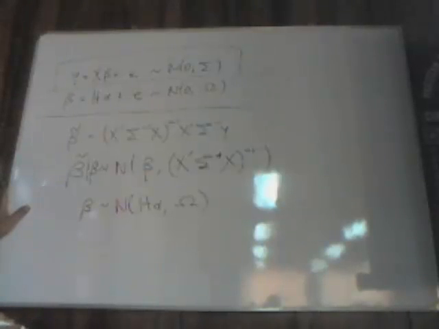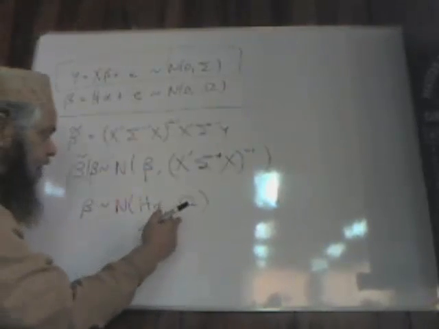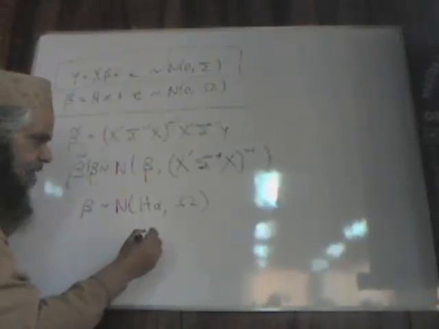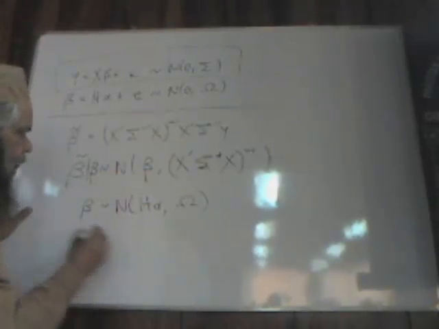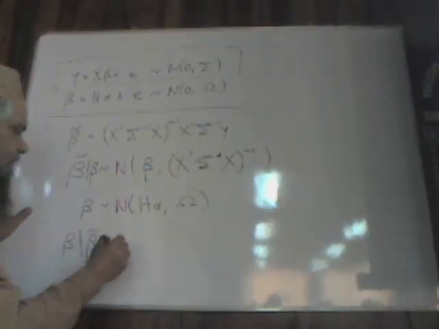So now we apply exactly the precisions idea. The precision of the prior is omega inverse. I'm just going to write down the density of beta given beta tilde using the knowledge that we already have.